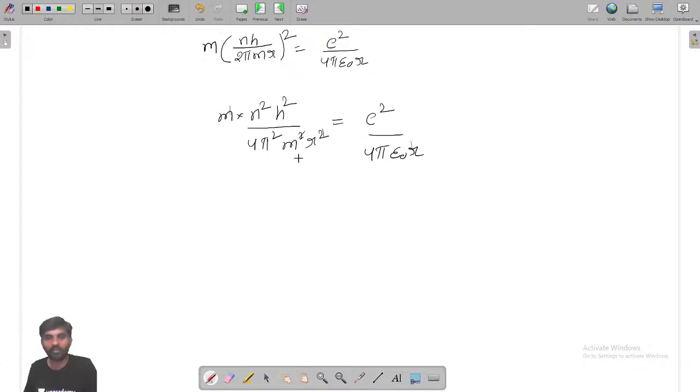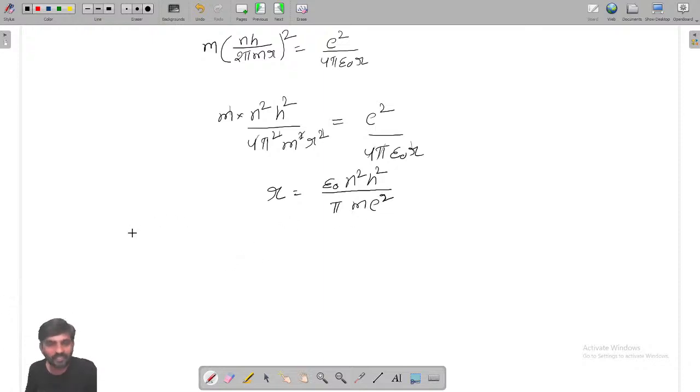What we need is the value of r. r is equal to epsilon naught into n square h square by pi m e square, as the 4 and pi also get cancelled.